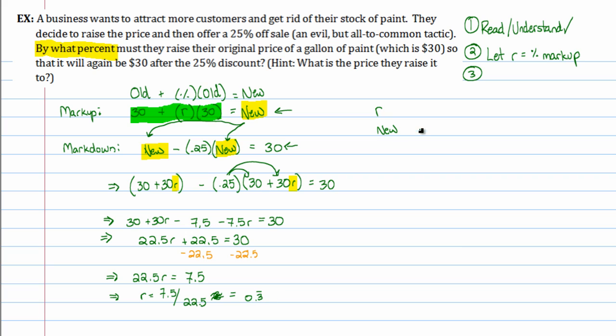Now what does that mean? Well, we found out what r is. It's the markup. They were asking, what's the markup? Well, r is 0.3 on forever, or in other words, a 33.3% markup. Now that's counterintuitive, isn't it? You have to mark it up by 33 1/3% so that when you get a 25% discount, you're back at the original price.